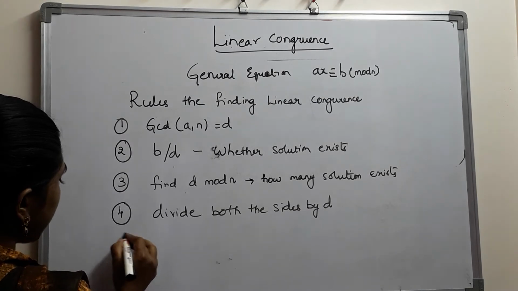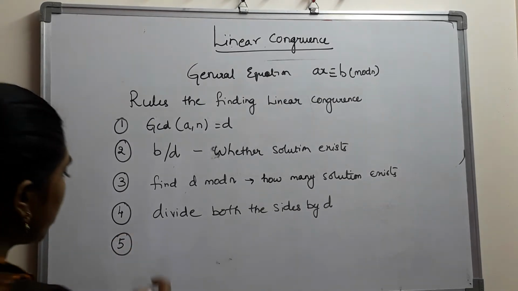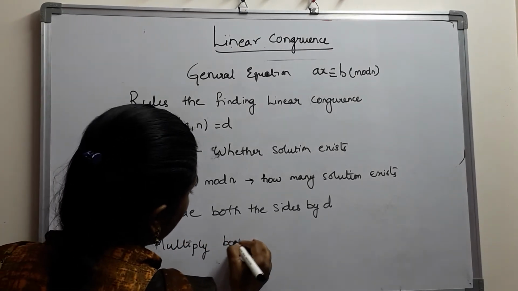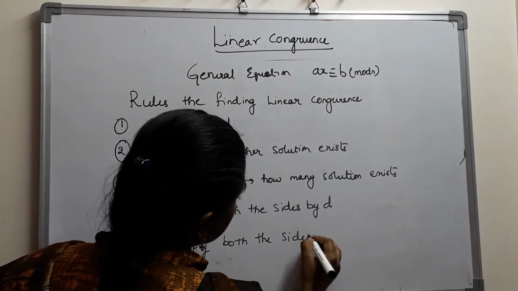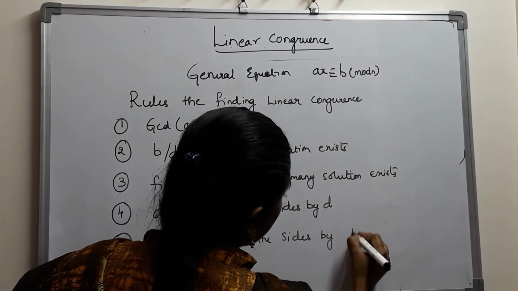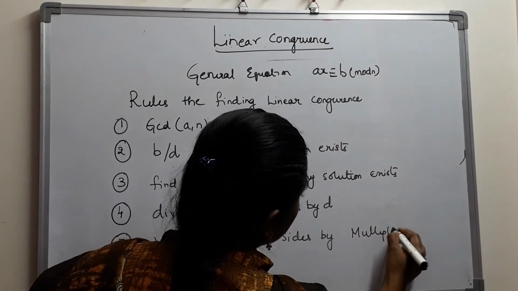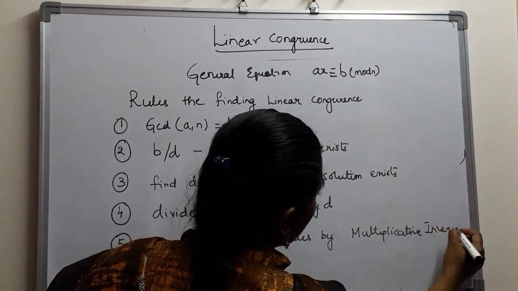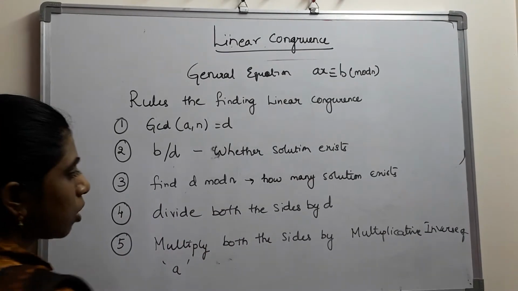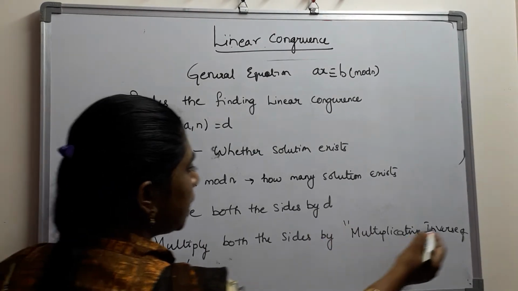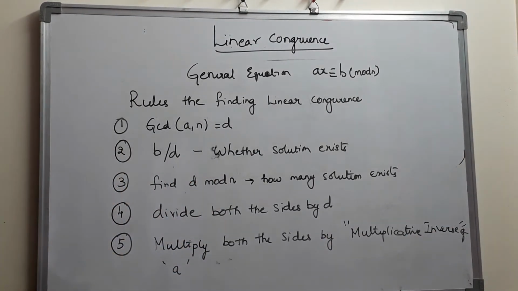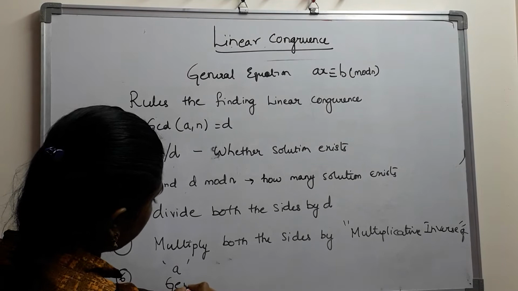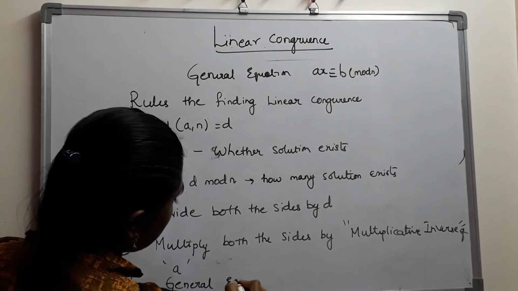Then, once both sides are divided, we multiply both sides by the multiplicative inverse of A. Then the sixth step is to write the result in the form of a general equation.